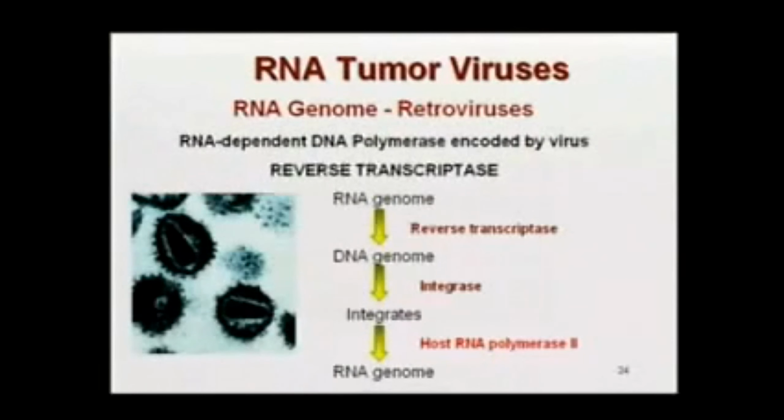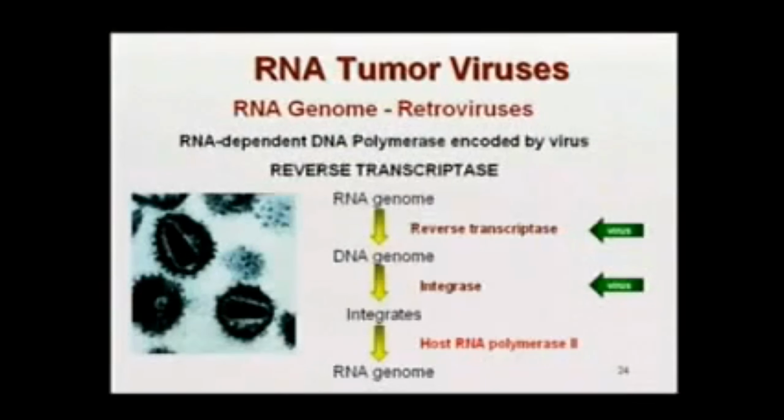They have, as I said, an RNA genome copied to DNA by reverse transcriptase. That genome now has to get into a chromosome, so the virus also codes for an enzyme called the integrase. Now, these virus-encoded enzymes are of great importance because they are the enzymes that we can target for the Achilles heel of the virus, because this is doing something that we don't normally need to do.